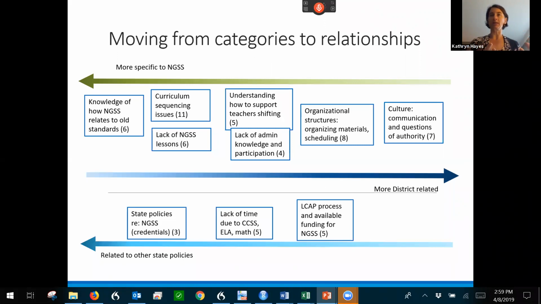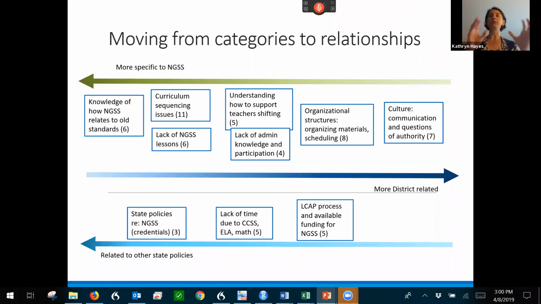That's very specific to NGSS. In the middle, you have understanding how to support teachers shifting their practice. That's kind of both district and NGSS, right? And on the far right, you have culture and communications of question and authority at the district level, right? And the same with other state policies. There's state policies that are very sort of external to the district, and there's state policies that are very central to the district, like the LCAP plan.